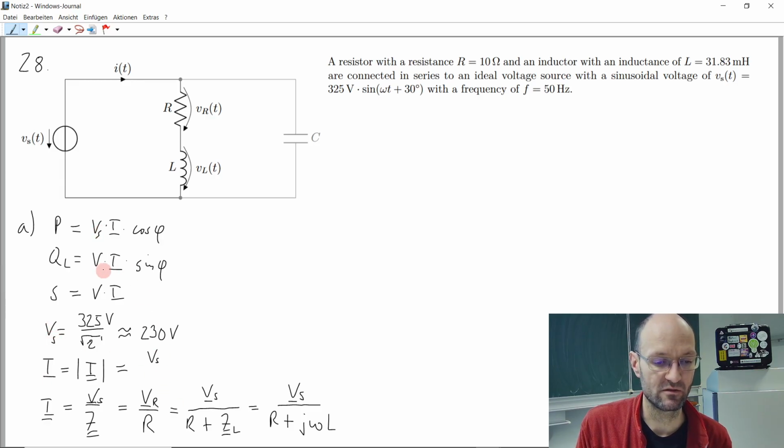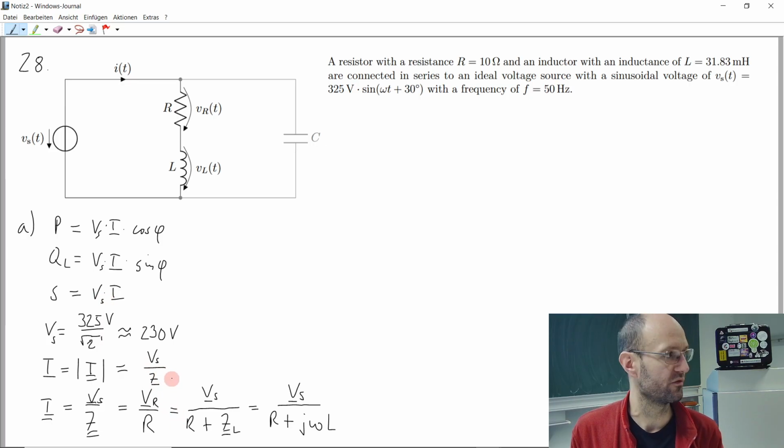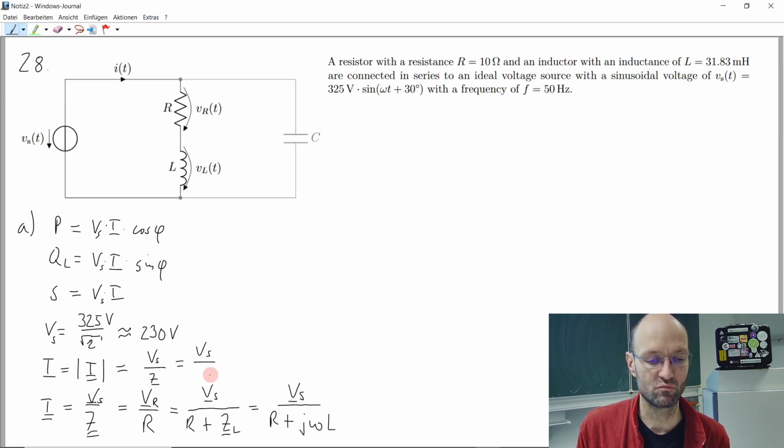Yeah, I will maybe add the V source here everywhere. And then divide by the magnitude of this impedance. And then we could also say, okay, it's the RMS value, the effective value, divided by the magnitude of this impedance. How would you calculate the magnitude of this complex number?